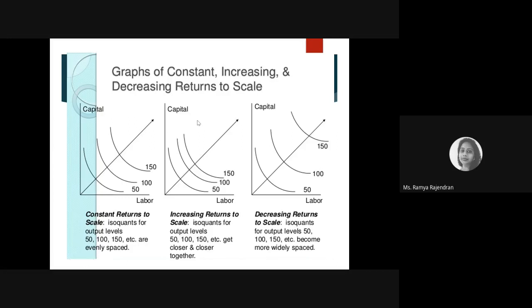It will shift, but not too much. But in decreasing returns to scale, the shift is a little higher than in increasing returns to scale, and the isoquants will be even more widely spaced than the other one.